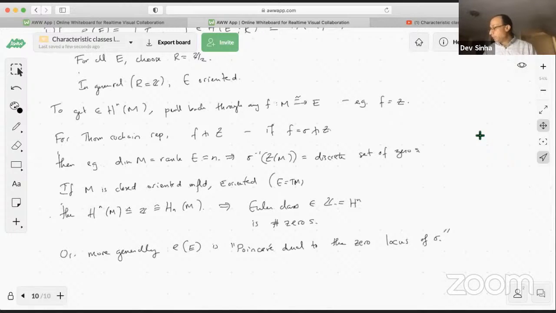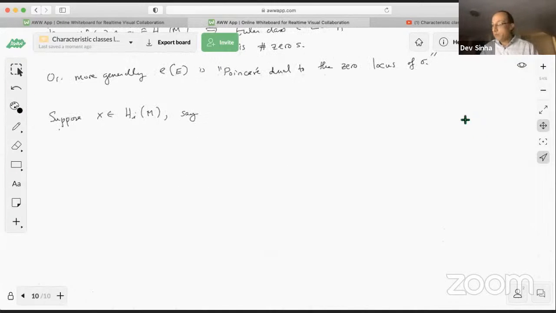Great. The other way to then talk about that, just to button things up and connect, suppose I've got x in some other degree in the homology of M. Any such is represented by some P mapping to M, and P is just a complex, which is a pseudo-manifold.